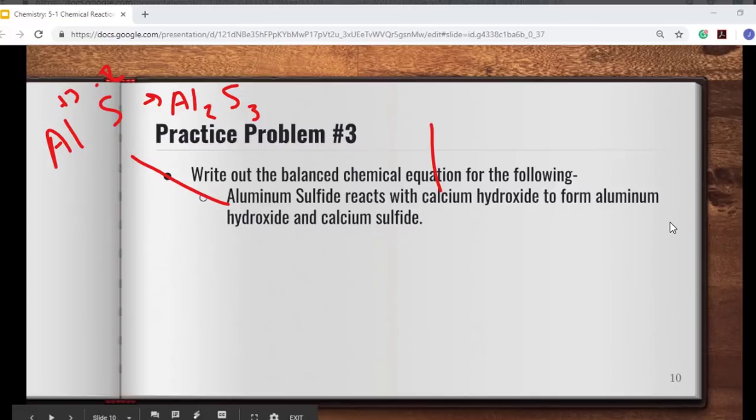Calcium hydroxide, Ca hydroxide, OH, we have plus 2 minus 1. So we do our work here. We're going to get Ca(OH)2.